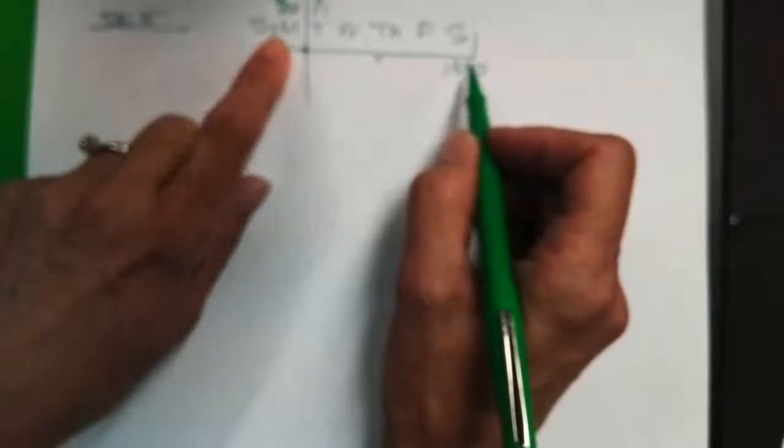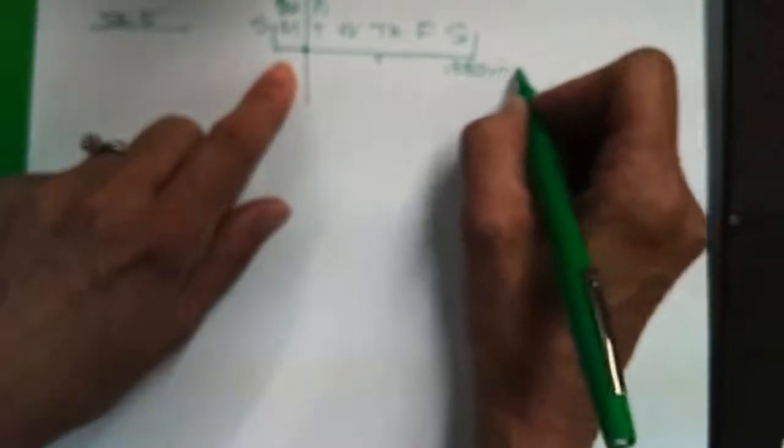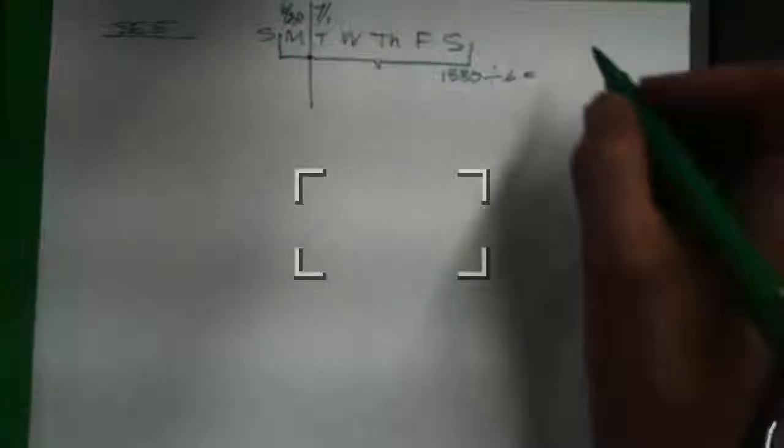See, we're trying to do matching. We're trying to match all the revenues in one period with all the expenses that happened in the same period as the revenues. All right, so $13.80 divided by 6 would be how much? $230.